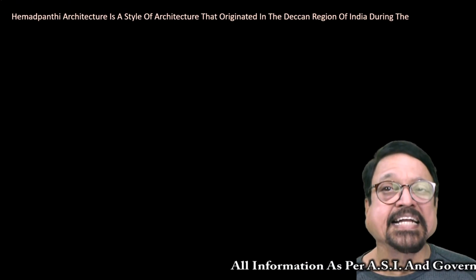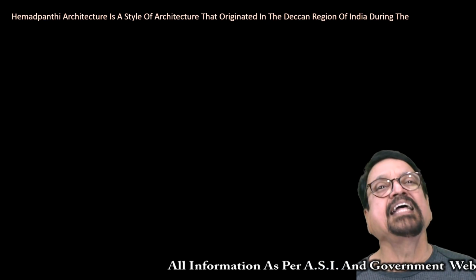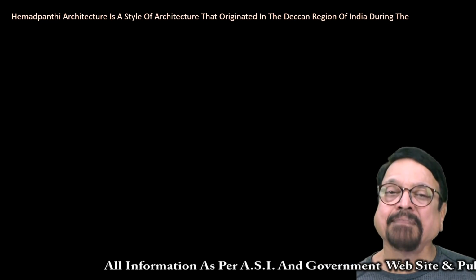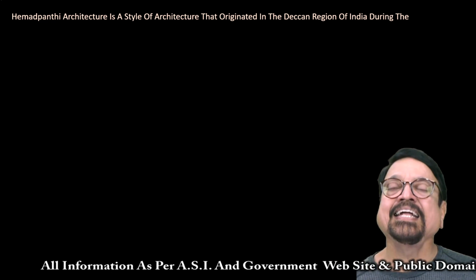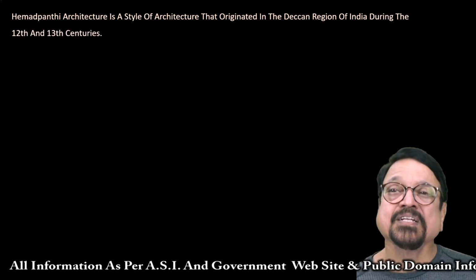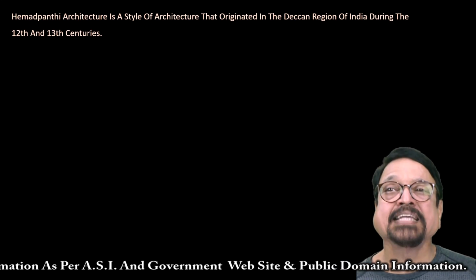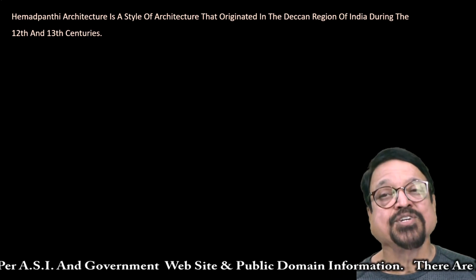Now, Hemadpanthi architecture is a style that originated in the Deccan region of India, particularly in Maharashtra during the 12th century, and it is accepted all over the world and called by the same name. It was popularized in the 12th to 13th centuries.